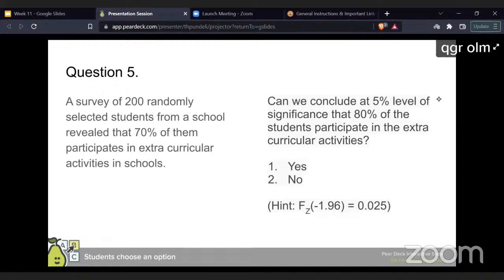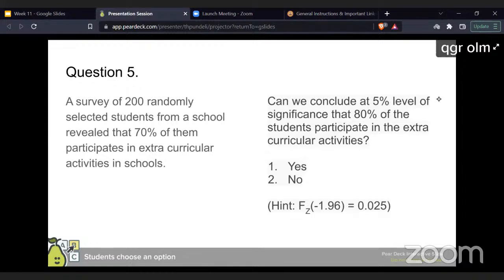Why so, ma'am? Okay, see, it is written that a survey of 200 randomly selected students revealed that 70% of them participate in extracurricular activities. So this is what has been observed from the sample. You had taken a sample of 200 students, and from there you found that 70% of them participate in extracurricular activities.